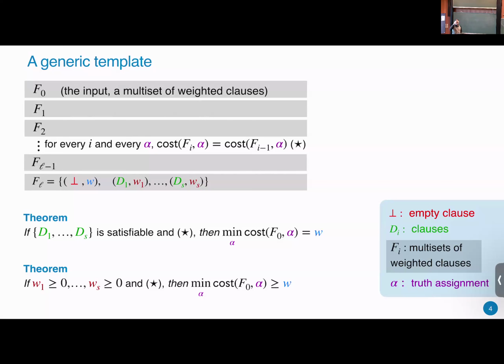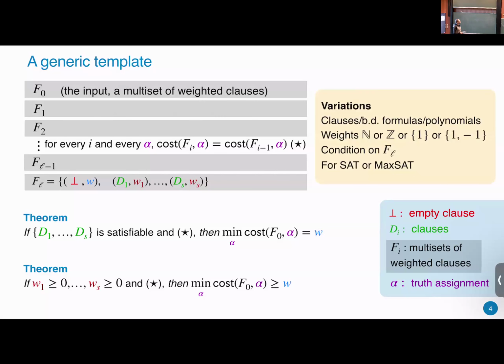So, questions about this template? It's mostly a picture, so I know you might be confused. Okay, so what are the types of variations that we can do? There are a lot of them. First of all, what are the objects that we want to put in these multi-sets? They could be clauses, bounded formulas, polynomials, something else. What are the weights?